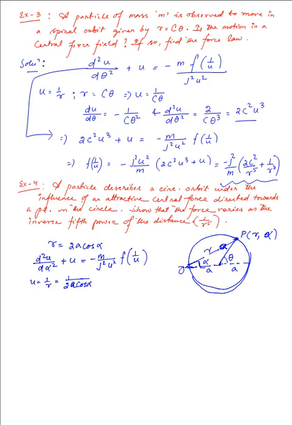So du over d alpha is going to be equal to 1 over 2a sec alpha tan alpha. Then again d2u over d alpha squared is going to give me 1 over 2a, that remains outside, and in the bracketed term the derivative of the first can be left as a constant, and the second derivative will give me sec squared alpha for tan alpha, and that multiplied by sec alpha is going to give me sec cube alpha.